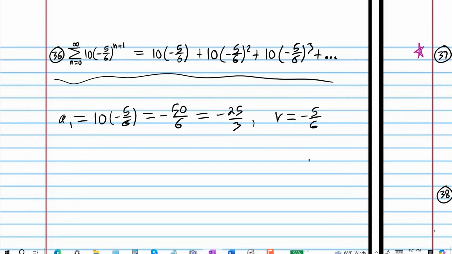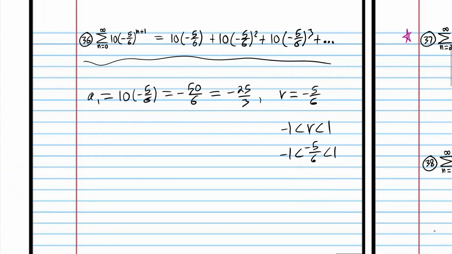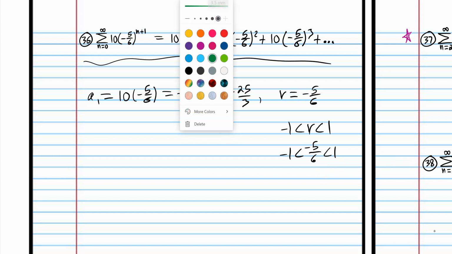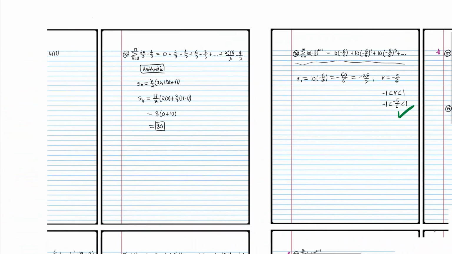So because r is between 1 and -1, we can find the sum of all of the terms. Even though there's an infinite number of terms, we can find the sum. Now I think I'll put a check mark here, showing that we confirmed that r is between 1 and -1.